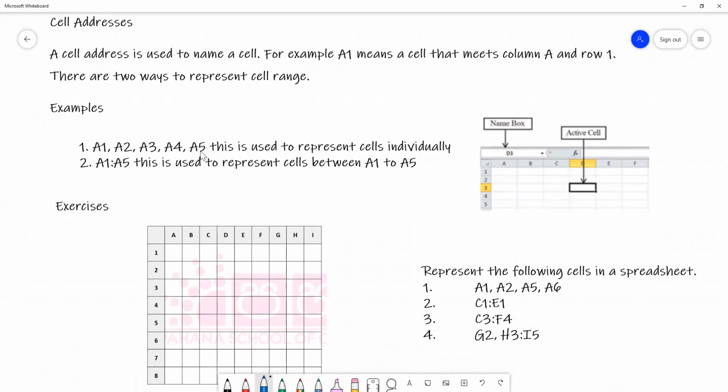That means you specify one by one. But if it is consecutive cells like this, that means cells are in the same place, then we can use colon. You can specify start and end only, right? So this is usually the way of representing cell ranges.